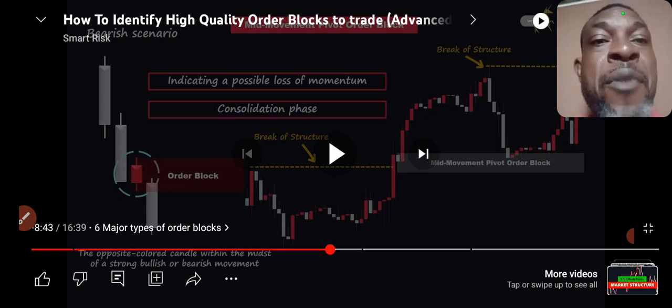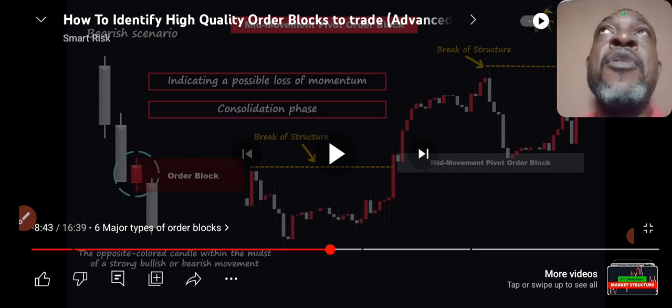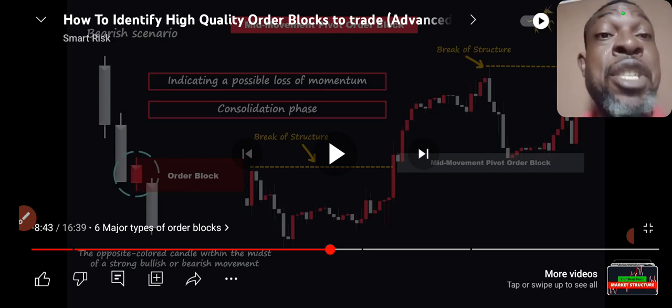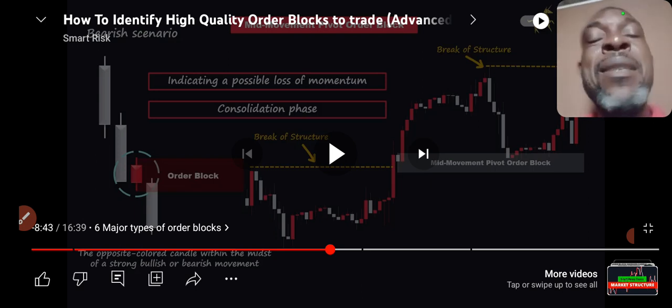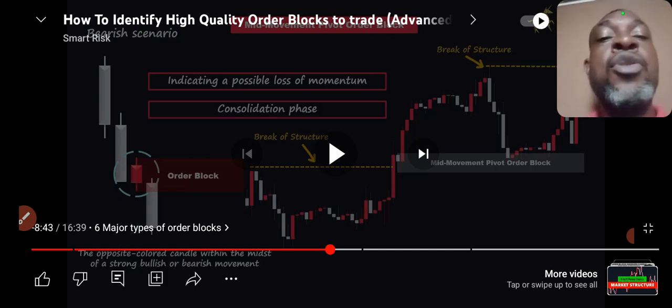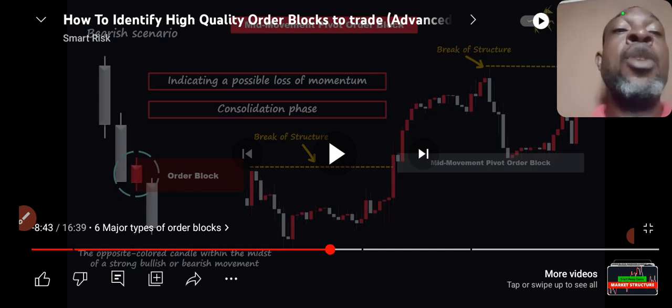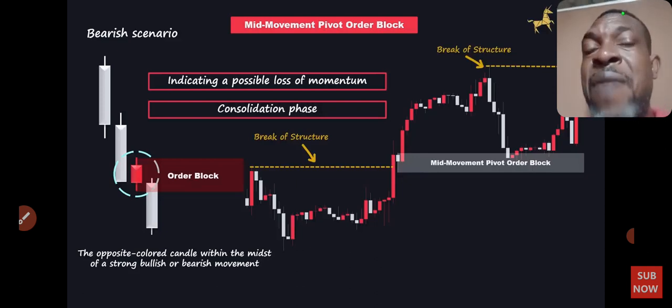The higher time frame order blocks are stronger, right? If you are a scalper, you'll probably be looking at 4 hours, 1 hour, 30 minutes, basically 4 hours, 1 hour order blocks. Then go back to the lower time frames to look at the inherent opportunities you can find there.